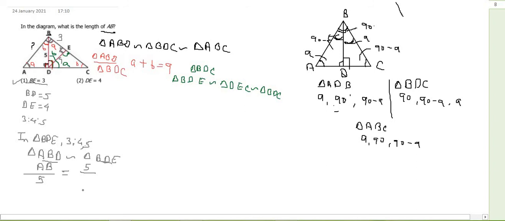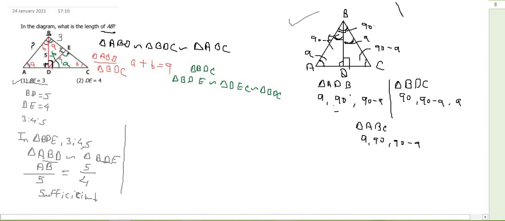So the length of the side opposite angle A in triangle BDE is 4. From here you can calculate the value of AB, which is 25 by 4. Since we get a unique value for the length of AB, this statement is sufficient. See? If you know this concept, this question becomes very easy to solve. So this is sufficient.